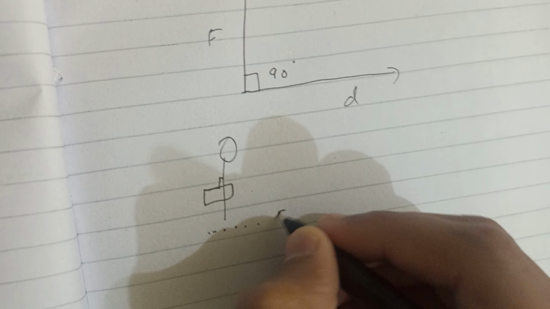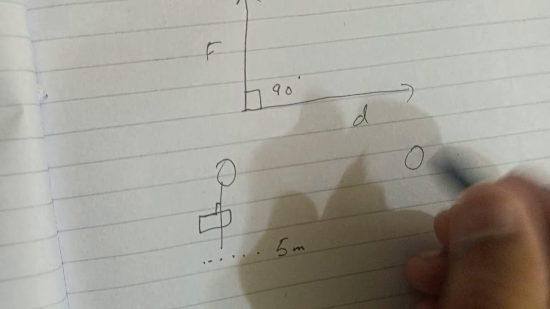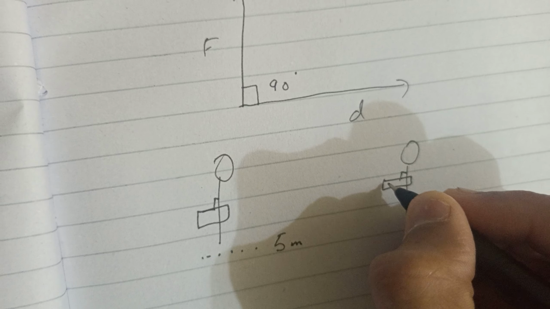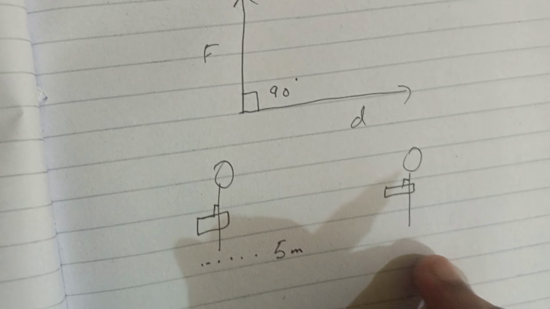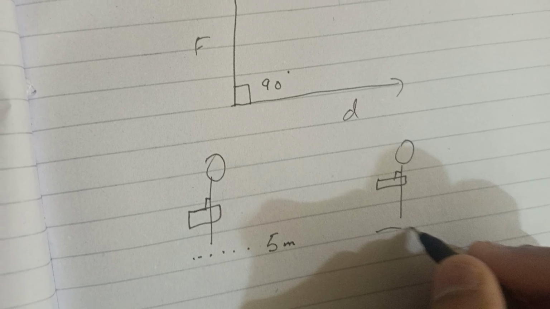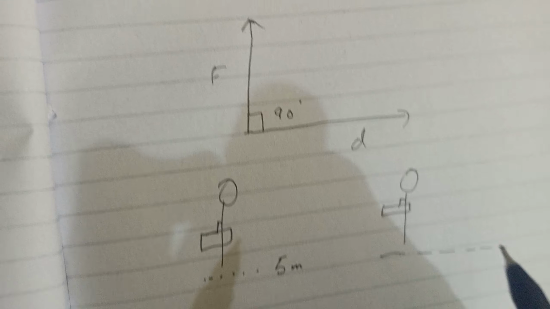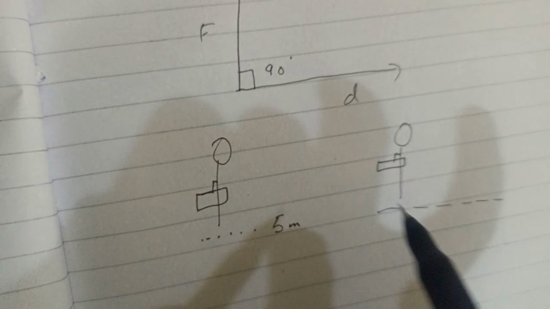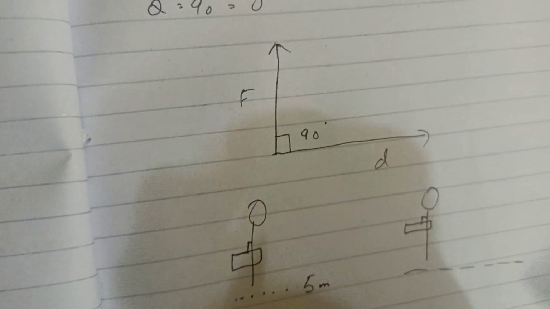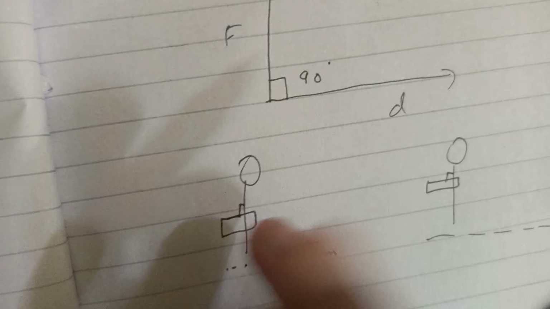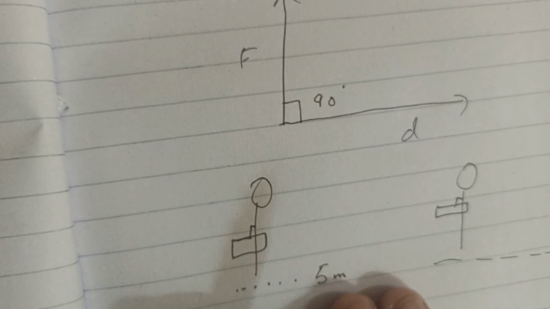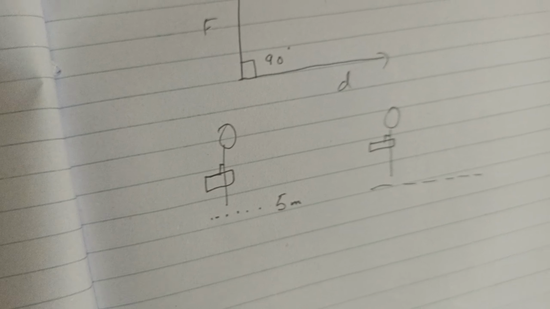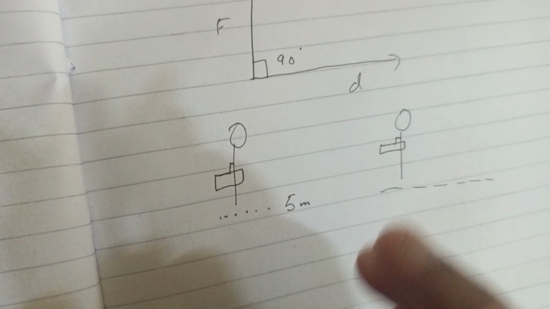After 5 meters, you pull the bag upside, and you are still walking forward. This means you have created a right angle. In this condition, the work is minimum. You are walking continuously, you are not stopping, and after 5 meters you pull the bag upside, so you are creating a 90-degree angle.